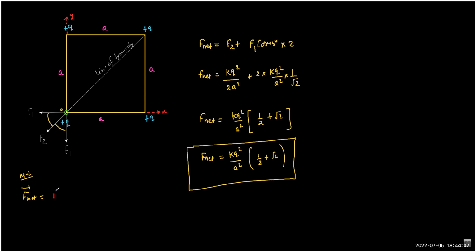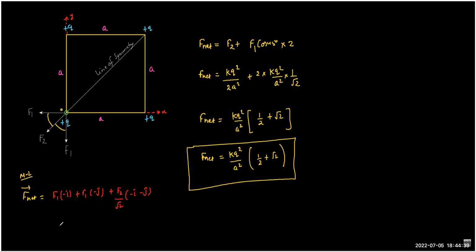You can write F1 minus i cap, F1 minus j cap, but F2 is in the third quadrant, so it will have F2 by root 2 times minus i cap minus j cap. I have taken the component and written the i cap and j cap directly, and then you can solve it and rearrange it.